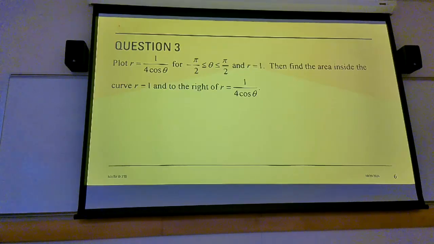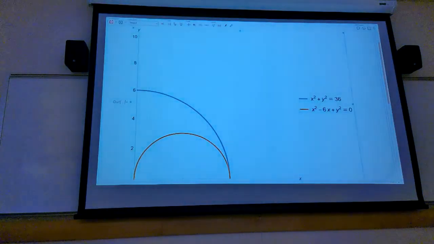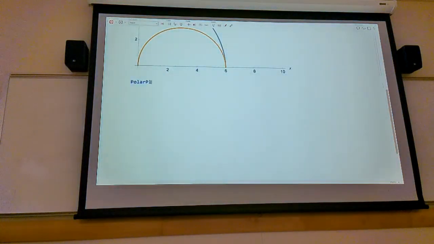Since they already gave it to us in the form of r equals a function of theta, we can just use polar plot. First one, over 4, wasn't it? Yes, over 4. And the second one was 1.